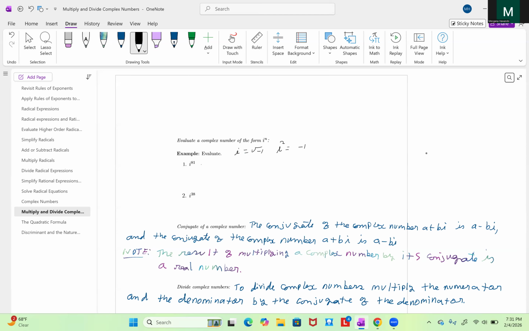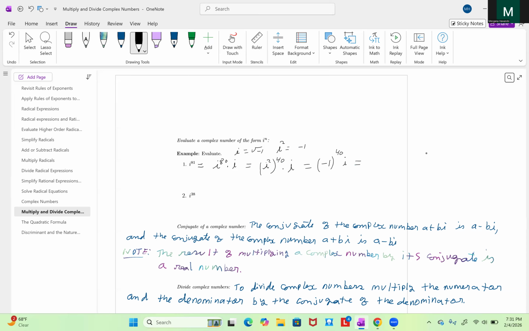So rewrite i to the 81 as i to the power of 80 times i, which is equal to i squared to the power of 40, and then times i. And this is equal to negative 1 to the power of 40 times i.